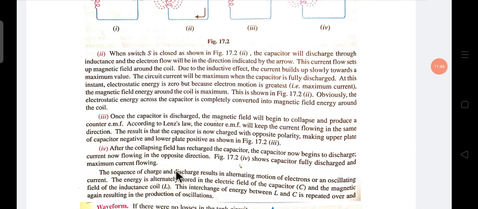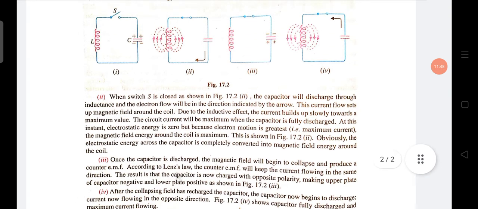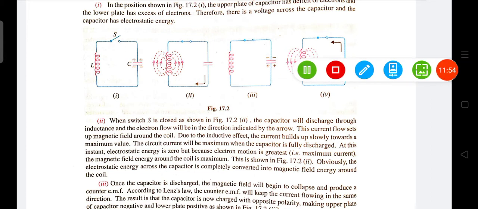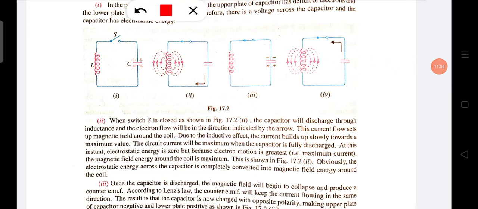Here you see what happened overall. I'll tell you what happened. Here, this capacitor is first charged by an external source. The polarity is positive on this side and negative on this side. After that, the switch is closed.